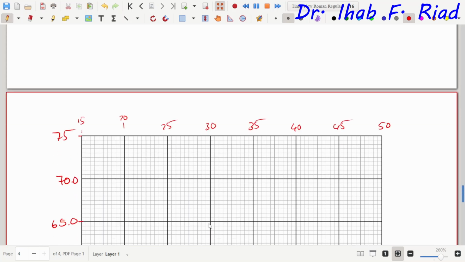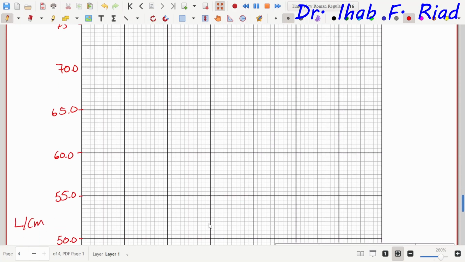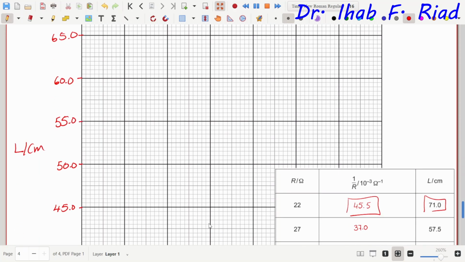This will help you if you are representing data points that are at the top of the graph paper.